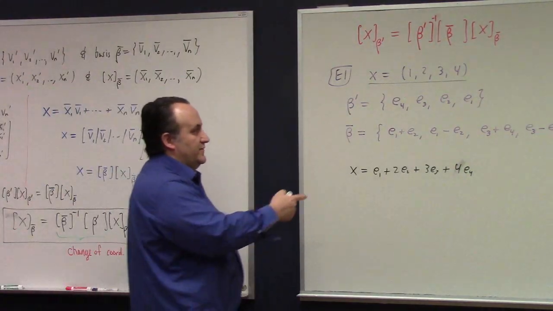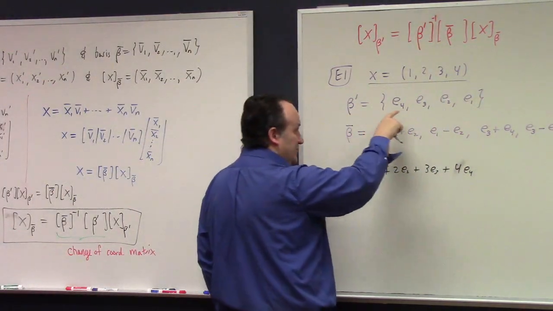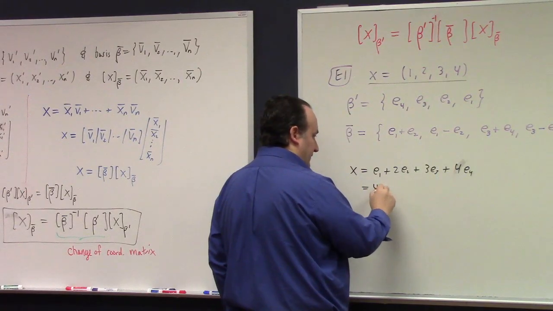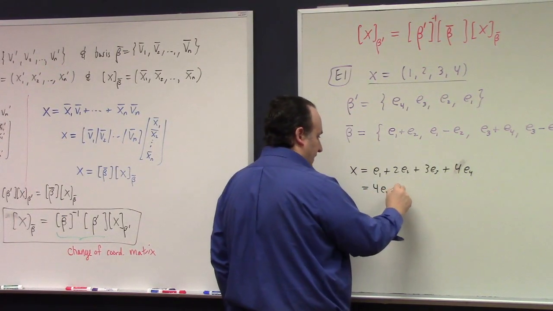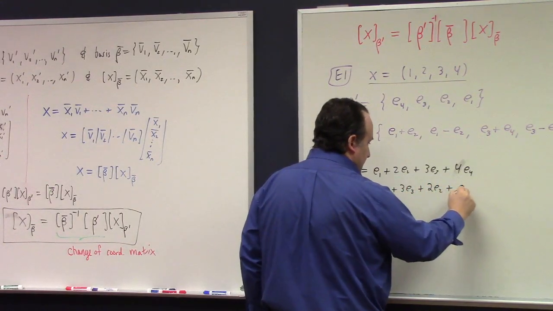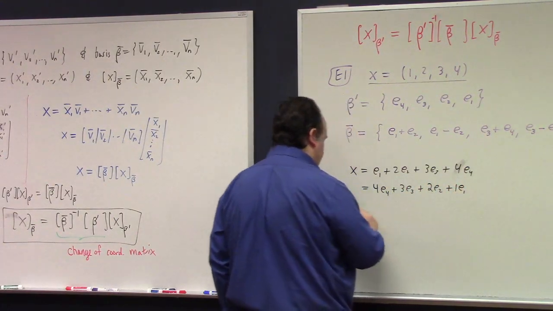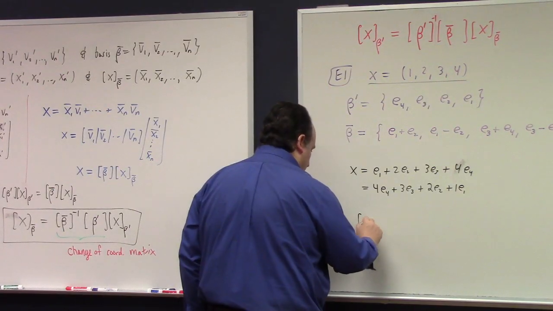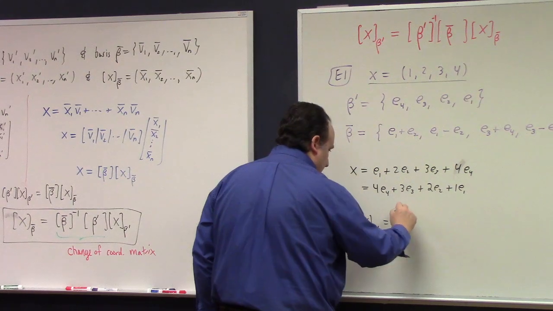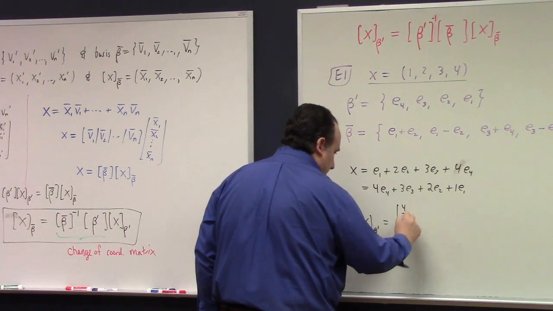So in order to see the coordinate vector with respect to this basis, I just have to think about it like this. I have 4 of e4s, I have 3 e3s, I have 2 e2s, and I have 1 e1. Therefore, the coordinate vector of x with respect to the beta prime basis is simply (4, 3, 2, 1).